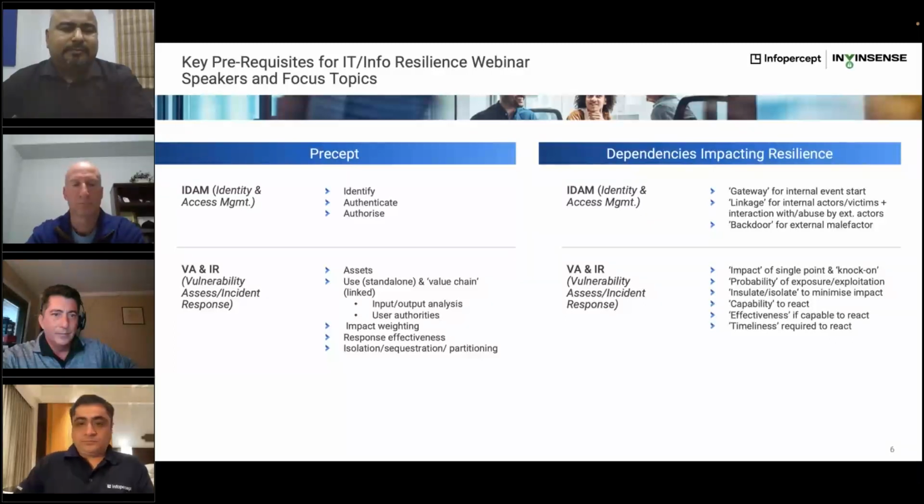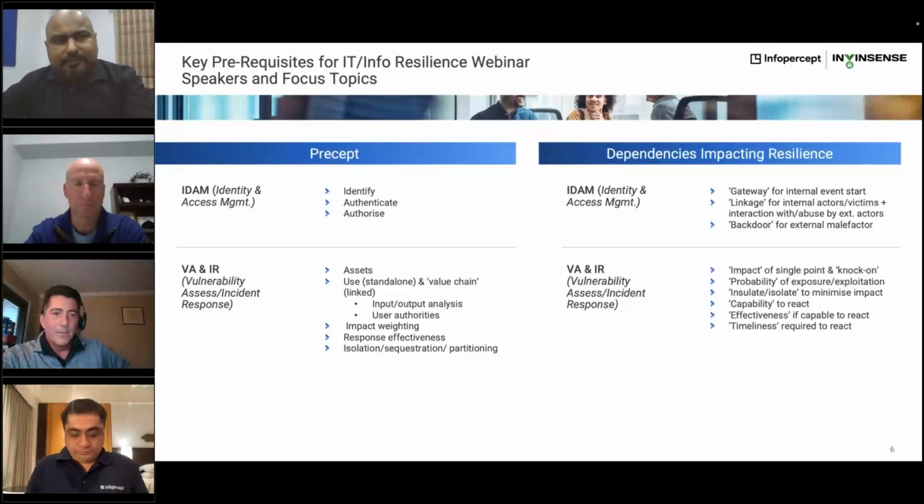The two key areas that we'll focus on today, first of all, as JD noted when he was talking about Paul Beim, is identity and access management, enablement and principles, which focus on enabling the ability to identify, authenticate, and authorize internal users.